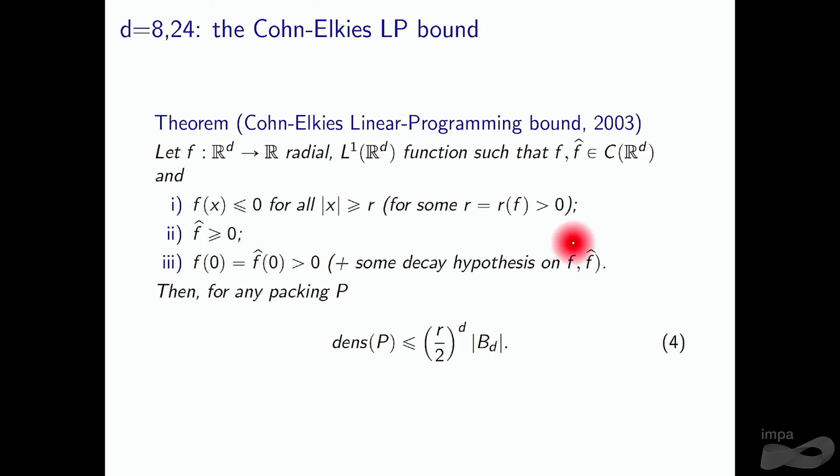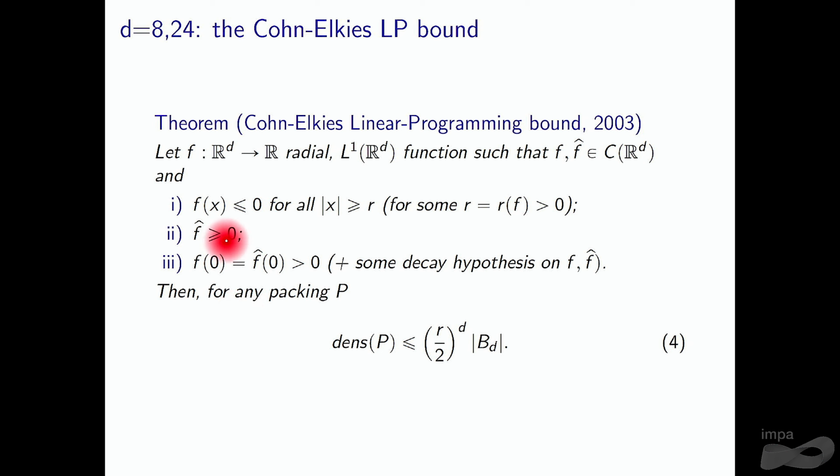The first one, you ask that there exists a radius r, depending on your function f, which is strictly positive, such that your function is non-positive outside this ball of radius r. The second condition, you ask for the Fourier transform to be everywhere non-negative. And the third condition, you ask this equality here.